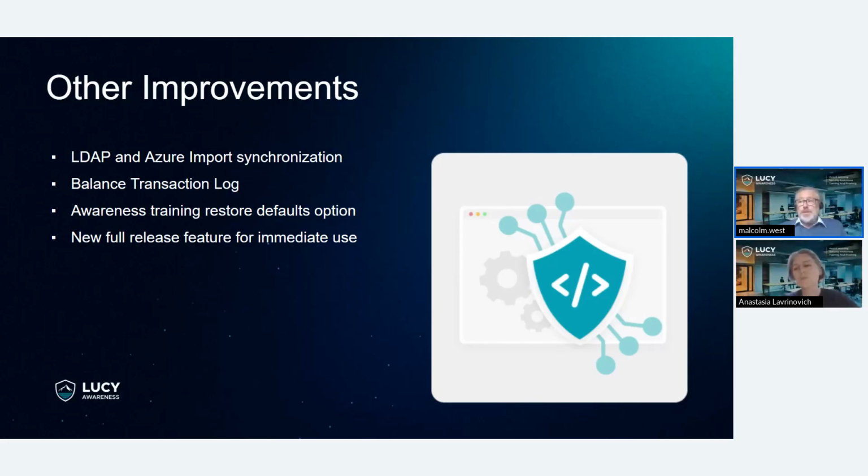LDAP and Azure import synchronization, and the balanced transaction log, which is to some extent tied into the AI translations, and perhaps we'll just mention that right now. There is a credit required for the AI translation.